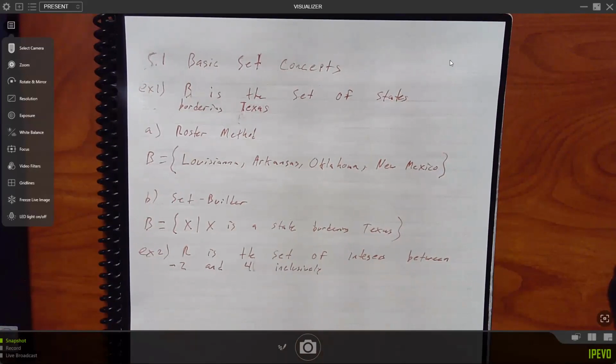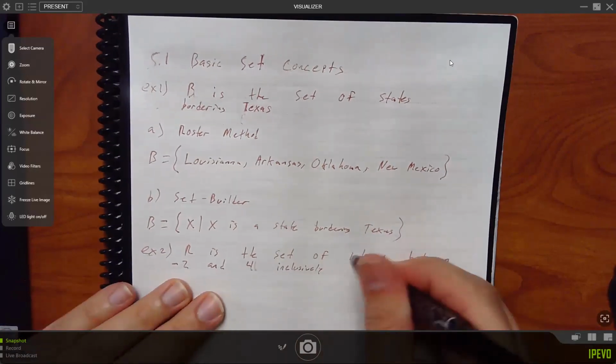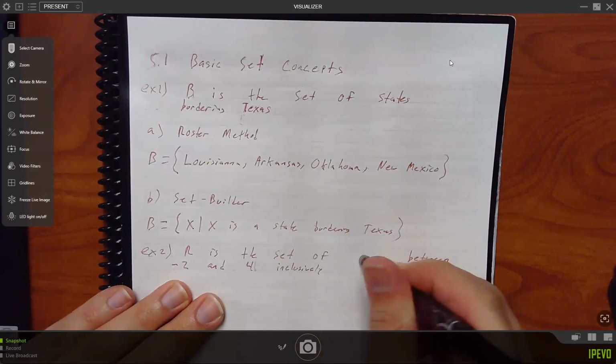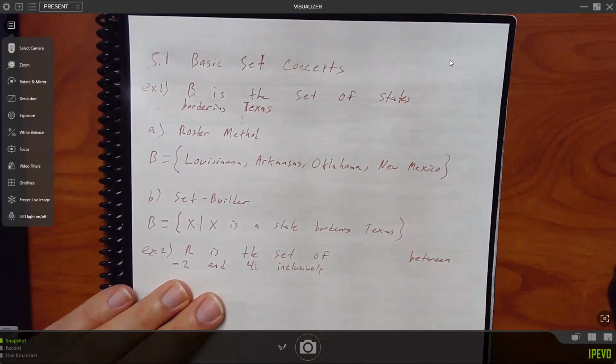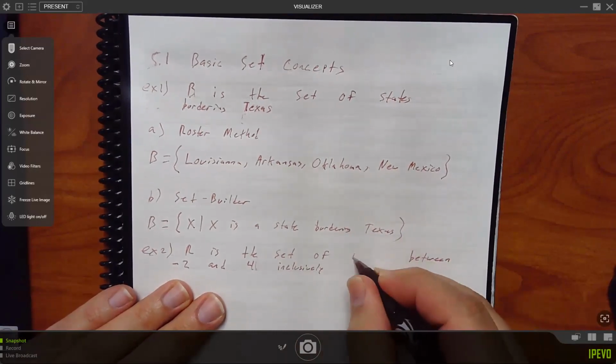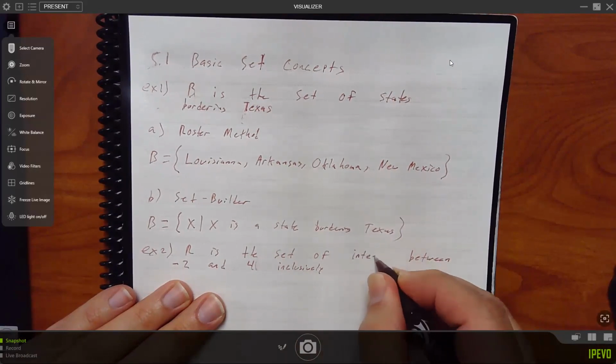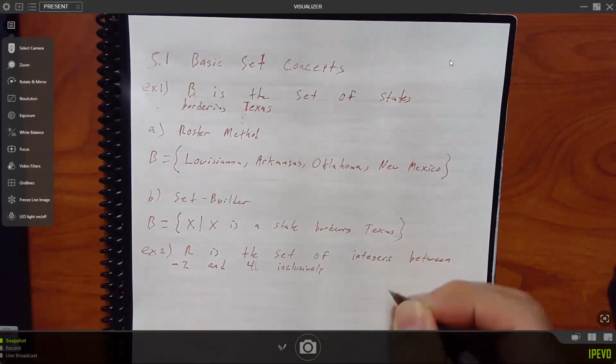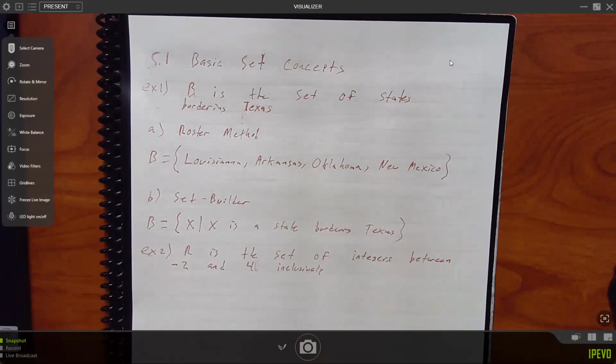It's basically all the whole numbers, negative and positive, but also 0. So 0, 1, 2, 3, 4 till infinity, and 0, -1, -2, -3 till negative infinity. All those are integers.